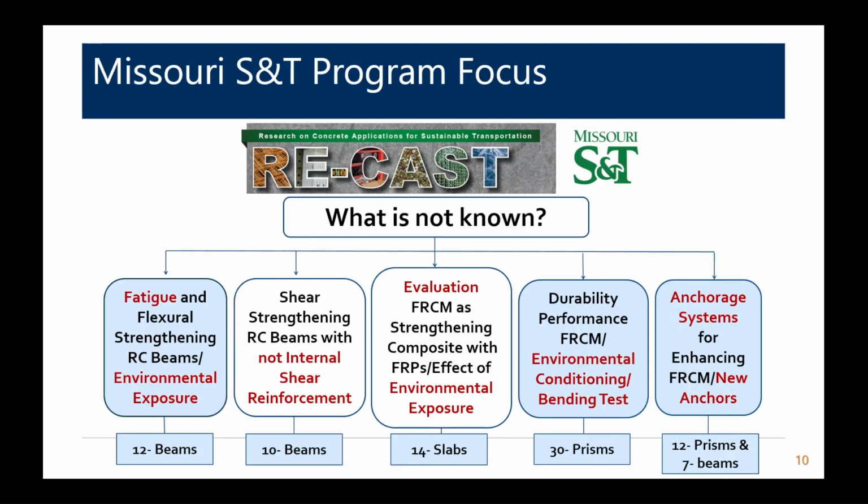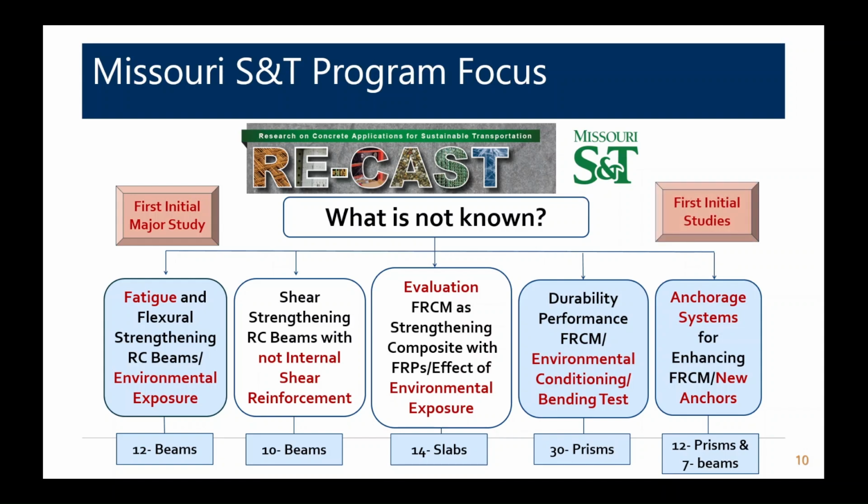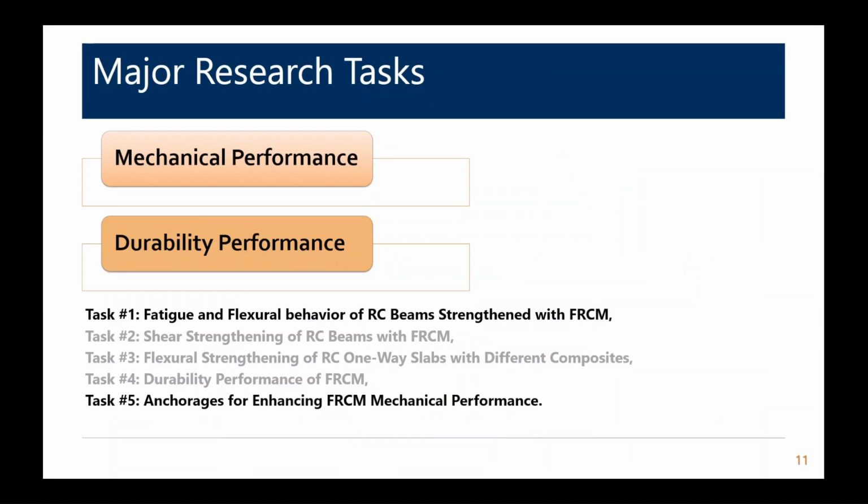In our work, we actually had 5 larger tasks, but I'm going to talk about task 1 and task 5. So this is the fatigue and the environmental exposure, and I will talk a little bit about the anchoring systems at the end. When we started this work, I really didn't see other work in literature focused on FRCM at that time.